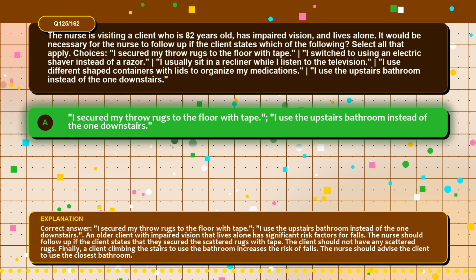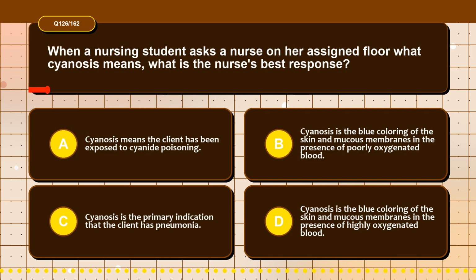closest bathroom. Question 126. When a nursing student asks a nurse on her assigned floor what cyanosis means, what is the nurse's best response? Here are the options. Option A. Cyanosis means the client has been exposed to cyanide poisoning.